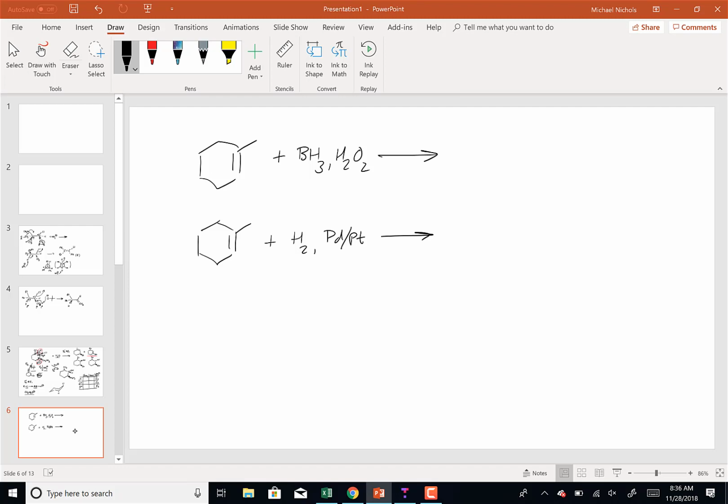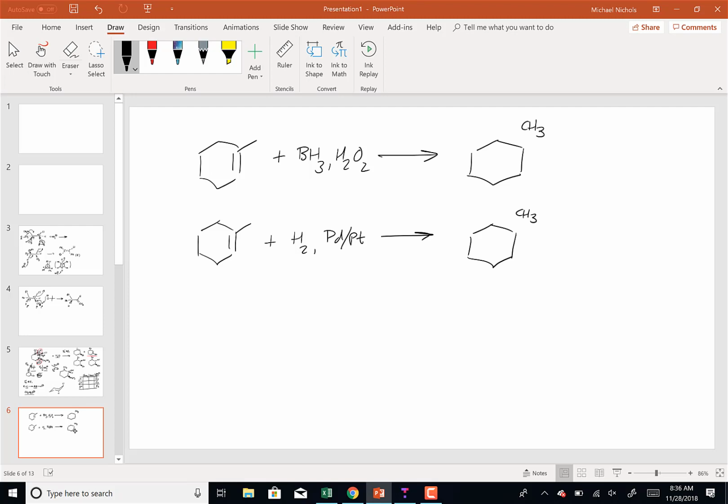So that's where, in terms of writing the products, if you've noticed, I've done it this way for each, where I've put in the groups, but I haven't put in the types of bonds.